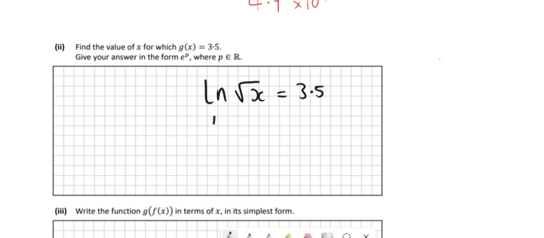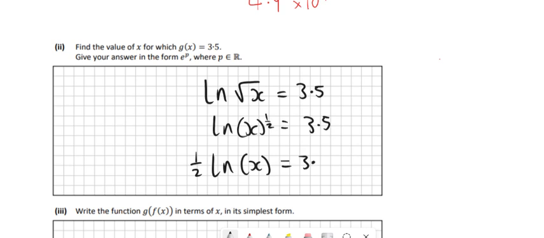I'm going to change that into x to the power of a half first of all is equal to 3.5. Then one of the rules of logs is that I can put the half out in front here. ln x is equal to 3.5, and then I can bring the half over and divide it, and that will turn it into 7 equals ln x.